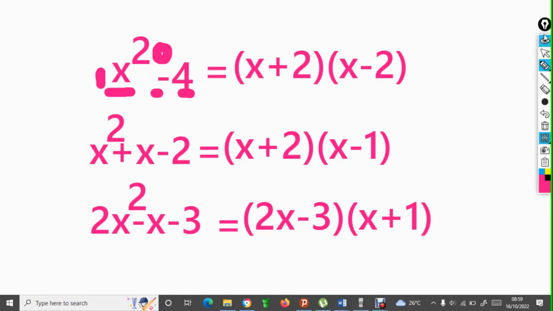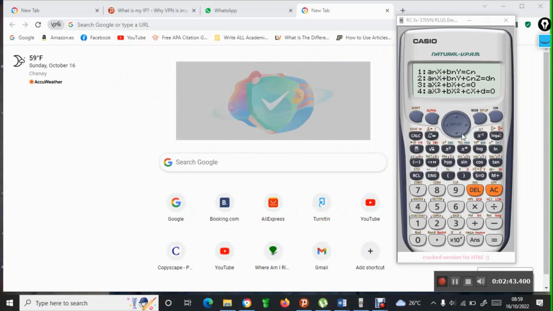We key in 3, and you put 1, 0 and minus 4. Then you press the equal sign, and it's telling us that the first one is x equals 2, and the other one, x equals minus 2.